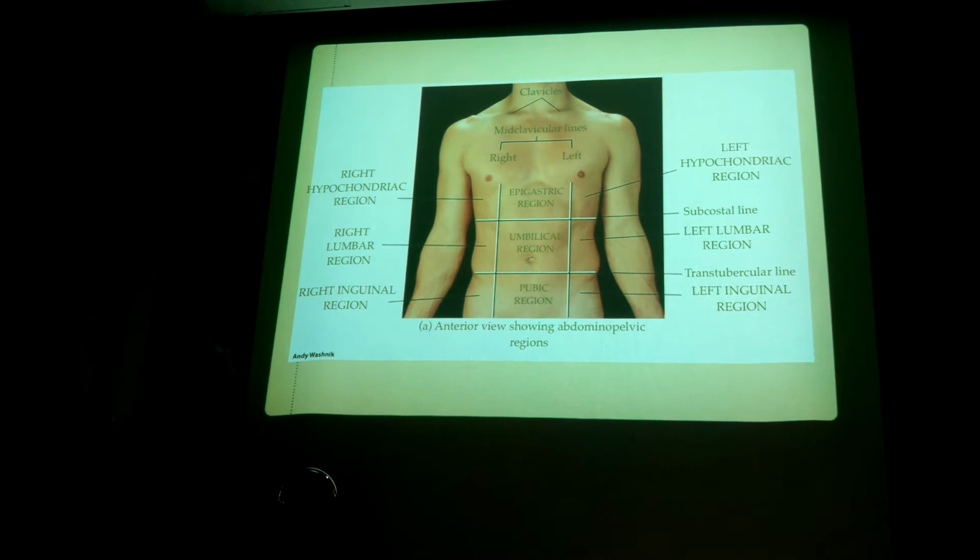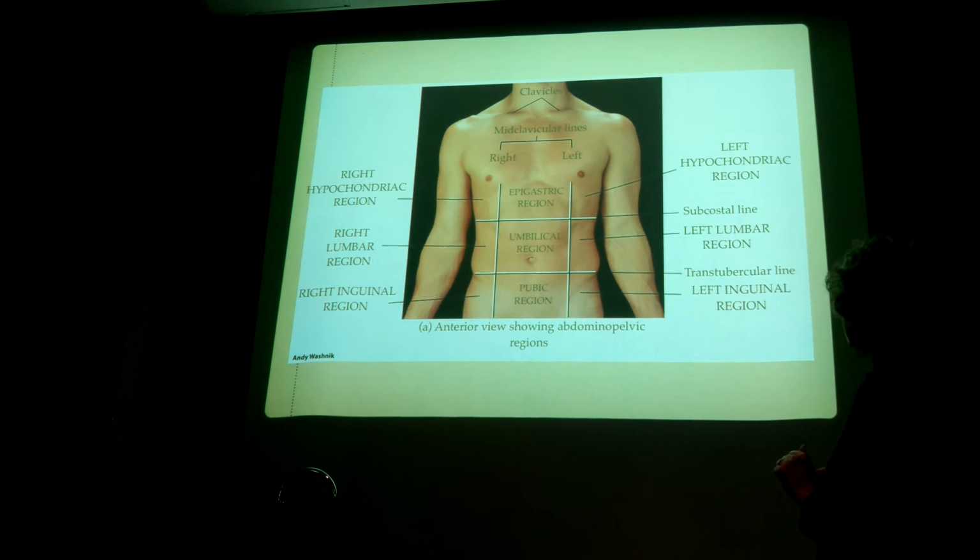Right lumbar region. What is lumbar referring to? The lower back. Right. So already, even if you didn't have this picture and I said right lumbar region, you'd probably be able to put your hand right on it. And that's the language of anatomy. And that's what I want you to gather from this class.